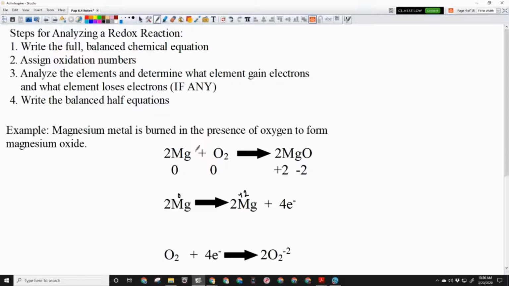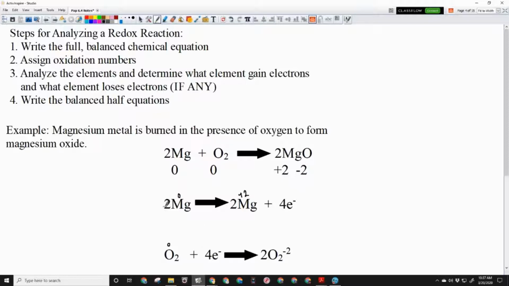All right, and then for the oxygen, we have the oxidation number of 0 here. Over here, it's a -2. So I have that right there. So in order for this to go from a 0 to a -2, we've got to add 4 electrons on this side. Now it's 2, so that makes it -4.